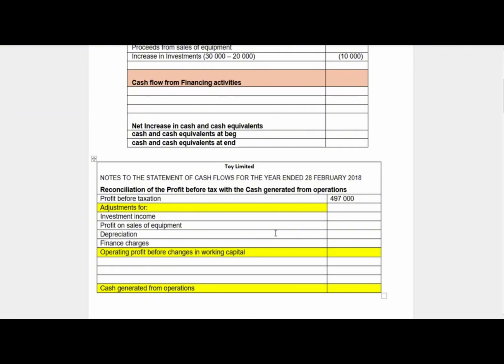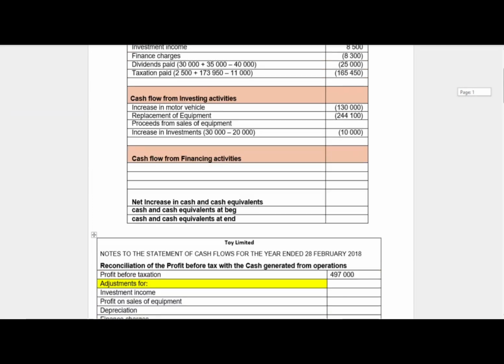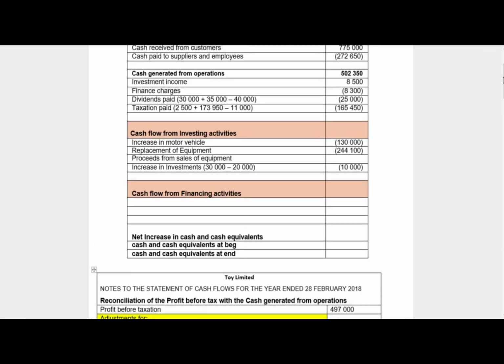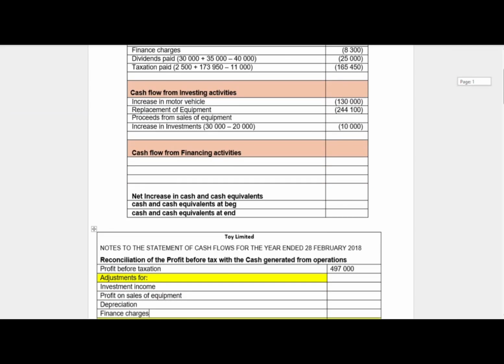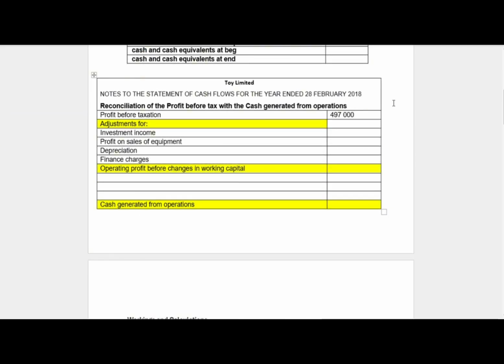So this one, remember, we are going to take the one we have up there in the cash operating, 8,500. But when it comes to our reconciliation, we are going to put it in brackets. 8,500.